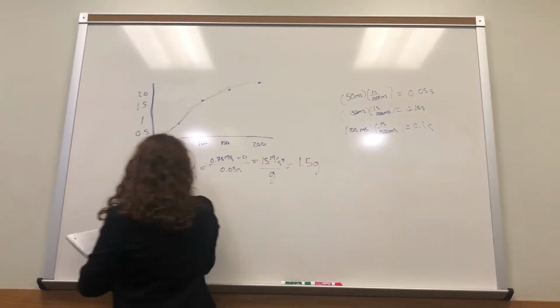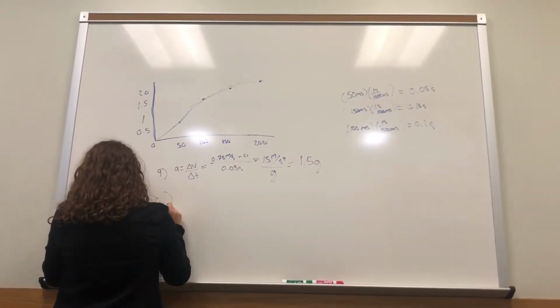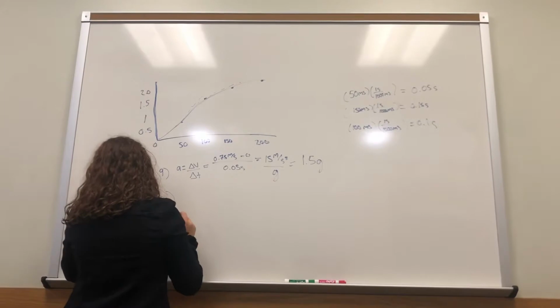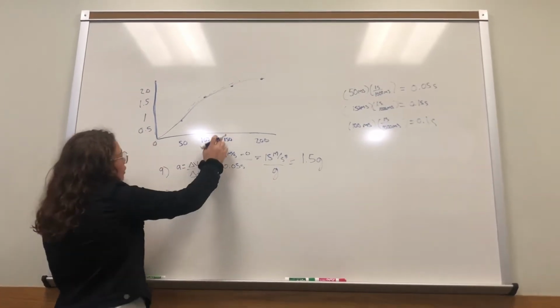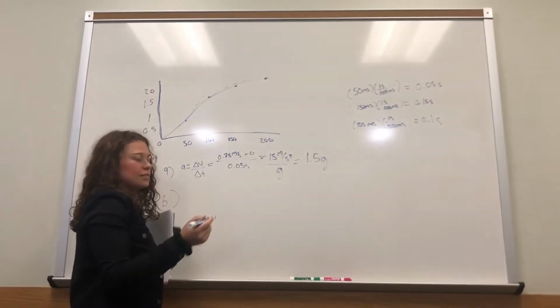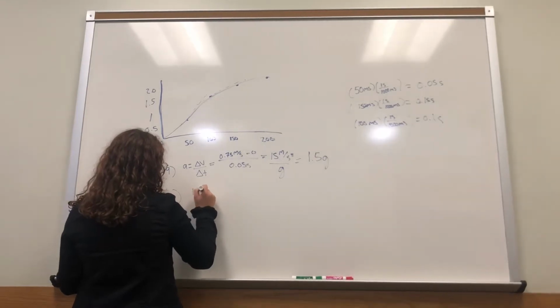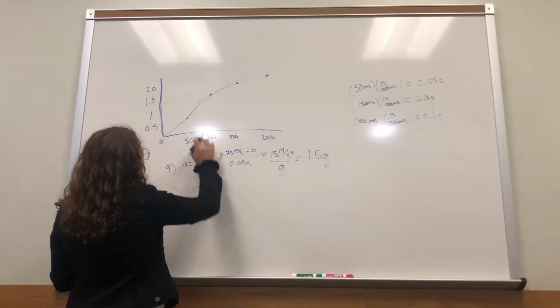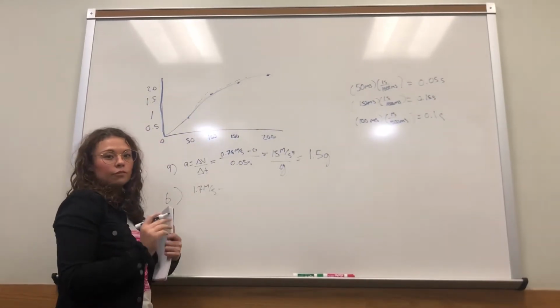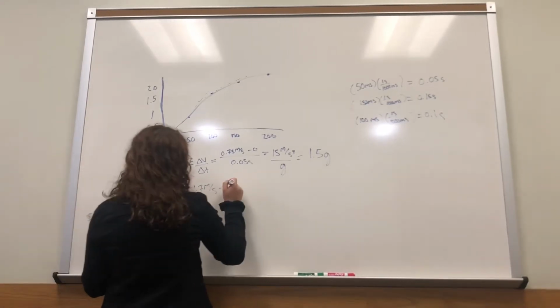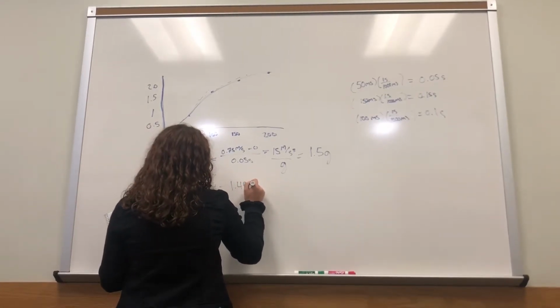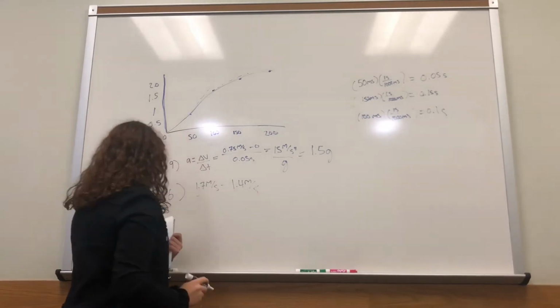And so for part B here, we are going to put at 150, it's approximately estimated at 1.7 meters per second. And at 100, it's approximately 1.4 meters per second. So we're going to use those values since this is an estimation.